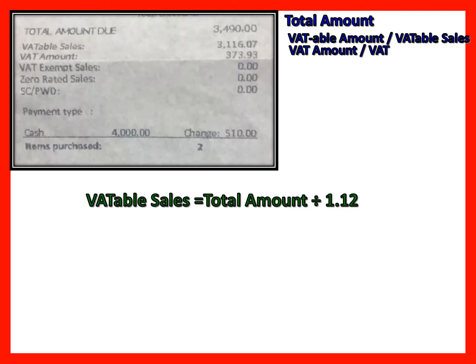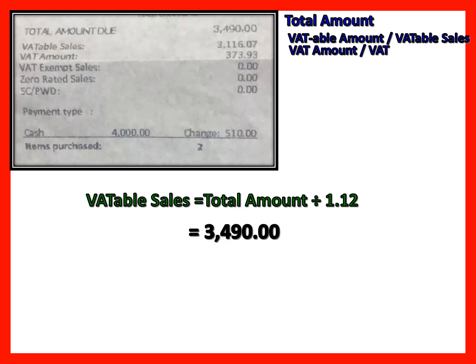So another formula that we can use: the VATable sales equals the total amount divided by 1 and 12 hundredths. So once again, you know already the reason why we have this kind of formula. So let us now substitute the given values to this formula.